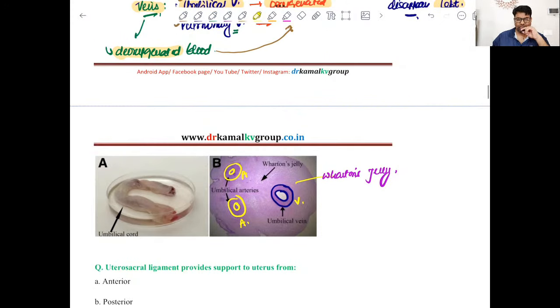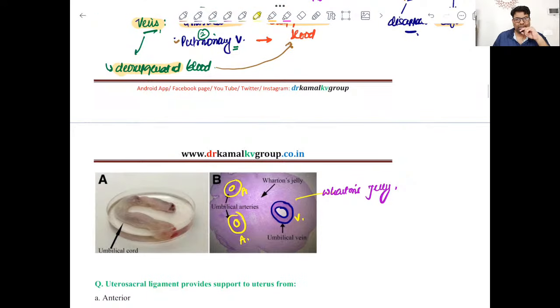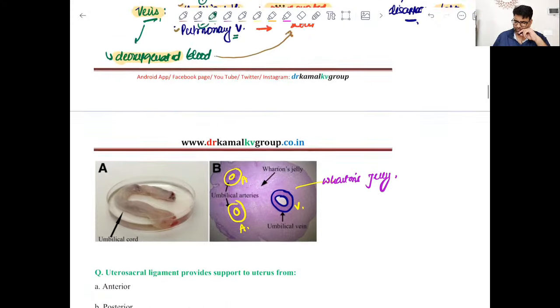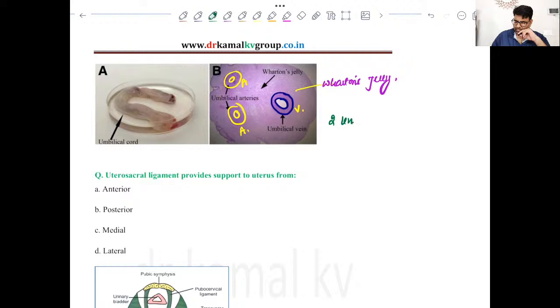Just remember, umbilical vein carries oxygenated blood from mother to fetus, and there are two arteries and one vein. So what we came to know is that there are two umbilical arteries, right? This is one thing, and there is the left umbilical vein, right?